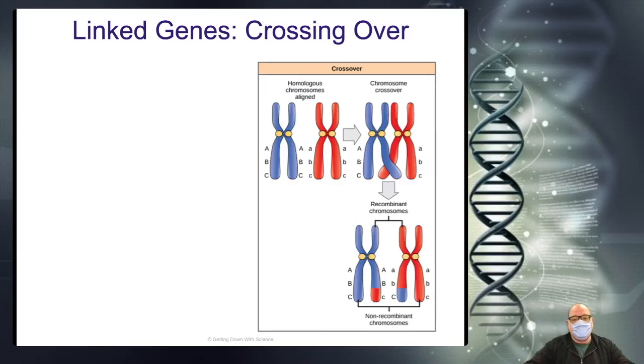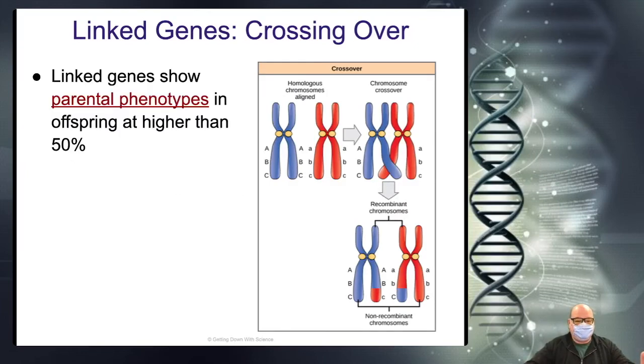Okay. Here's an example of some crossover. That would mean there would be no recombination, non-recombinants. If you look here, we've got some C's, okay? We've got big C here on the blue and little c here on the red.